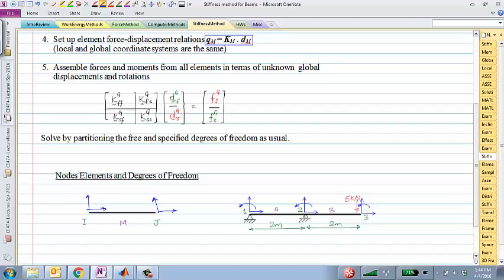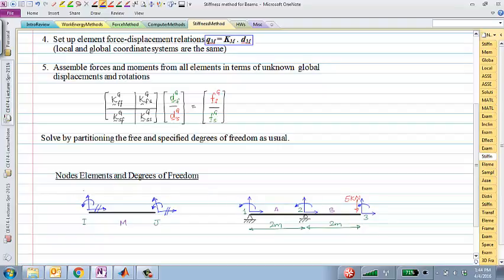But for beam problems, we will neglect axial deformations, meaning that the displacement at both those ends would be exactly the same. So that is not really a true degree of freedom. But in addition to the horizontal and vertical degrees of freedom, a beam also has a degree of freedom of rotation.